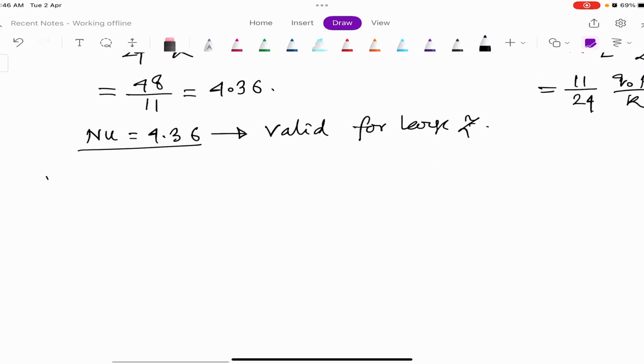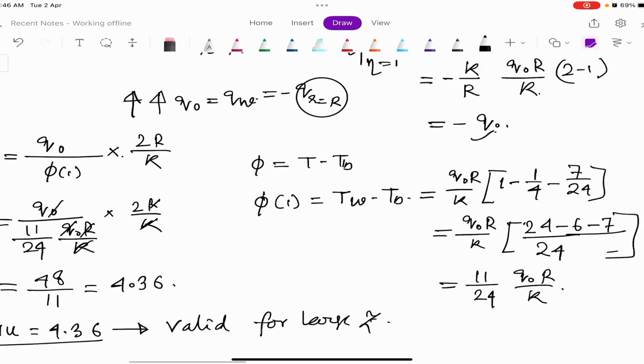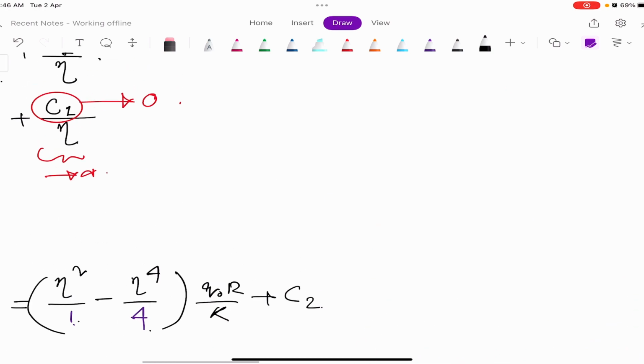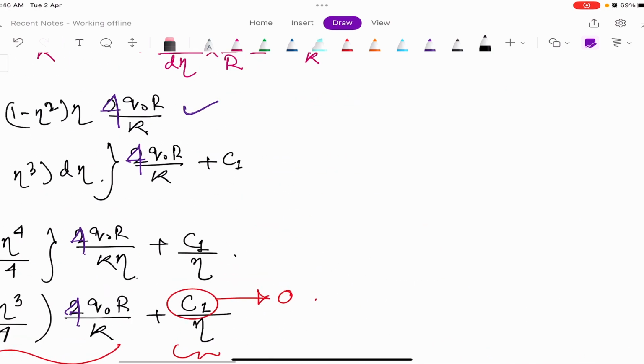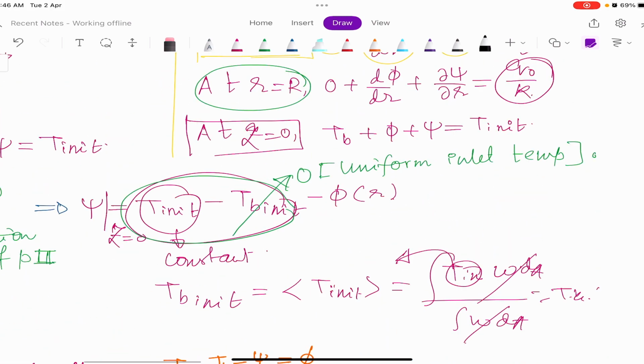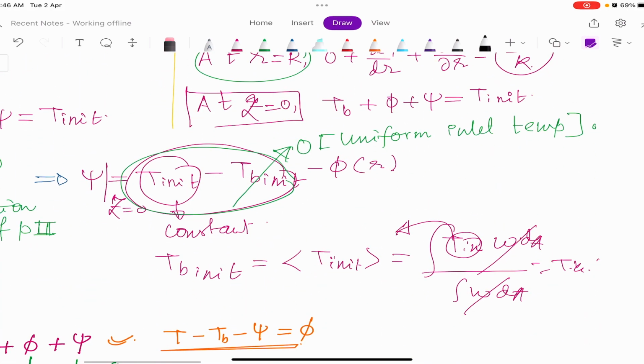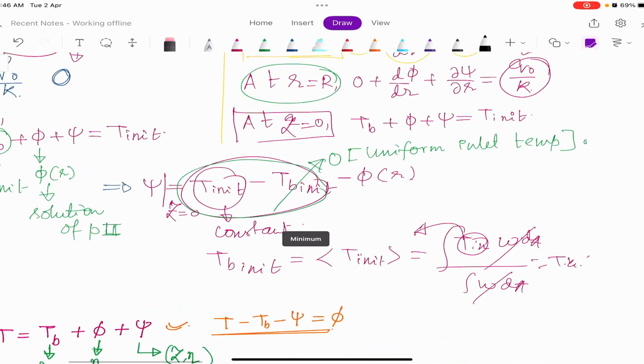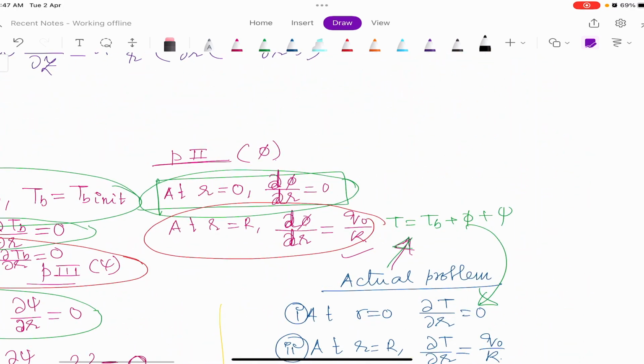We have to find the psi also, and for that we have the governing equation of psi, right? That was similar to the governing equation of the actual independent variable, that is the temperature, right? So here it is the governing equation of psi, where I have written it.